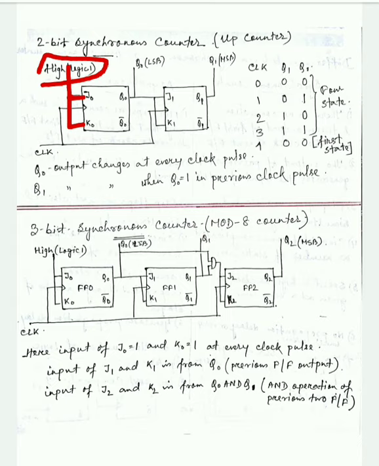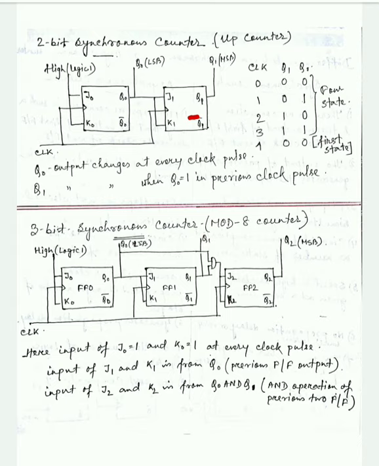So when the value of J1 and K1 is 0 0, because we give the same value in J and K, in a JK flip-flop 0 0 is storage. Storage means its output will not change, and if it is 1 1, its output will change.